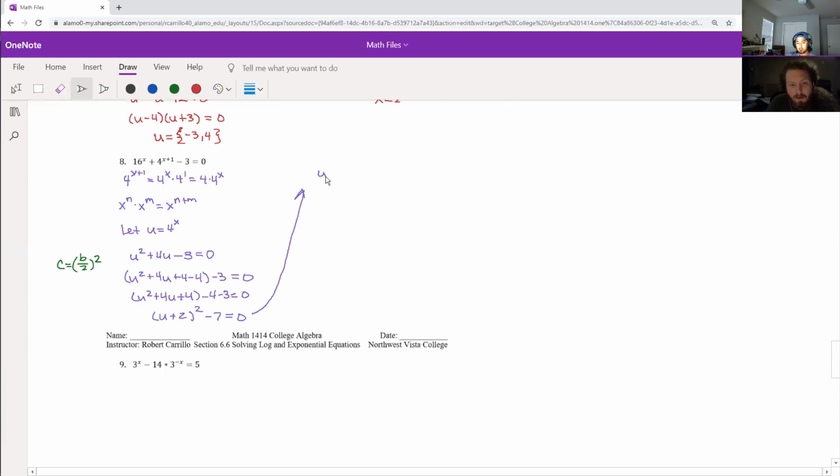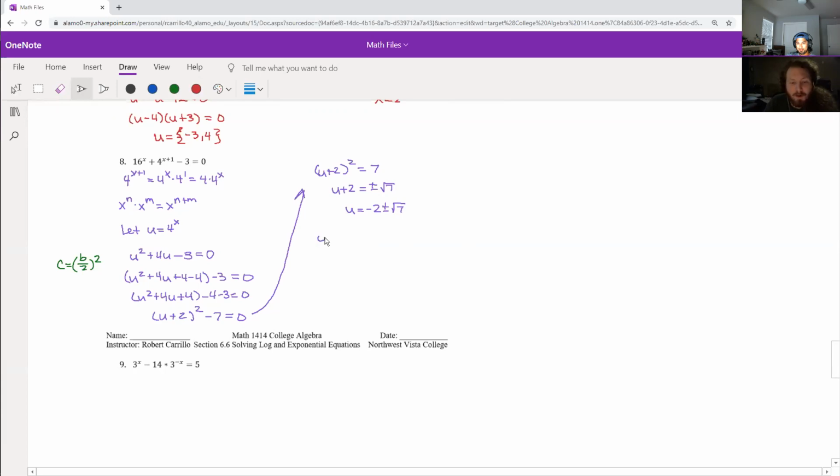So U plus 2 squared equals 7. Take the square root of both sides. We get U plus 2 equals plus or minus the square root of 7. Then U equals negative 2 plus or minus the square root of 7. Gross. Okay, let's go back to the x world.